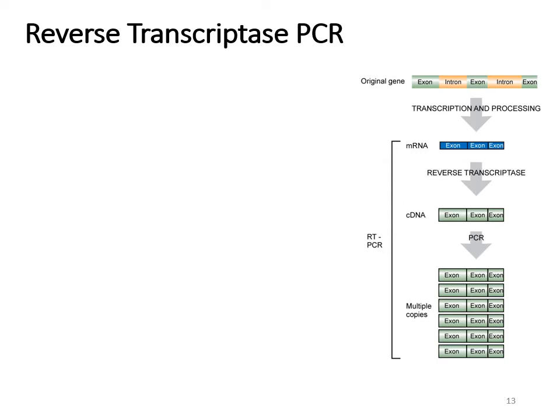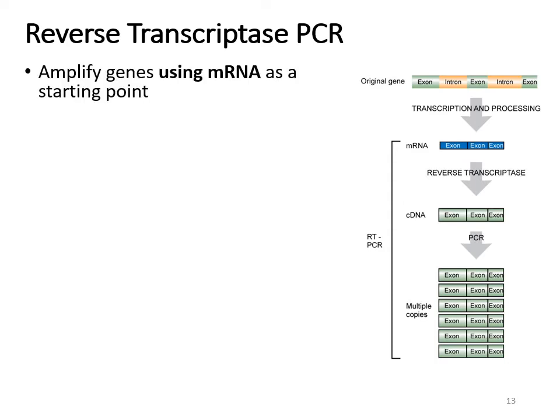Similar to that, sometimes you will hear reverse transcriptase PCR. What reverse transcriptase PCR is, is that now you're amplifying genes using mRNA as the starting point, because as you know, reverse transcriptase means you're going from RNA to DNA. Now, why would you want to use mRNA as a starting point of your PCR?